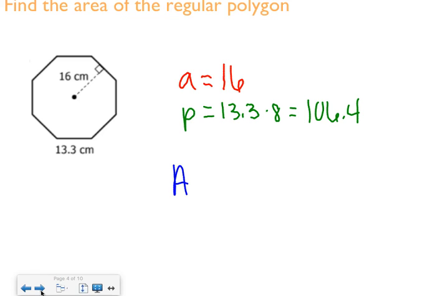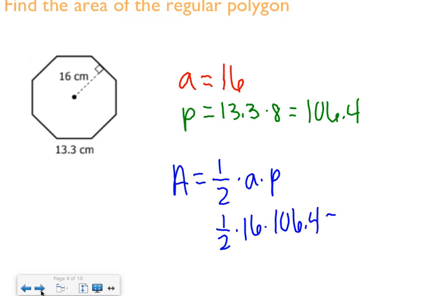Then if we plug into our formula, half times A times B, what do we get, guys? 851.2 centimeters squared.